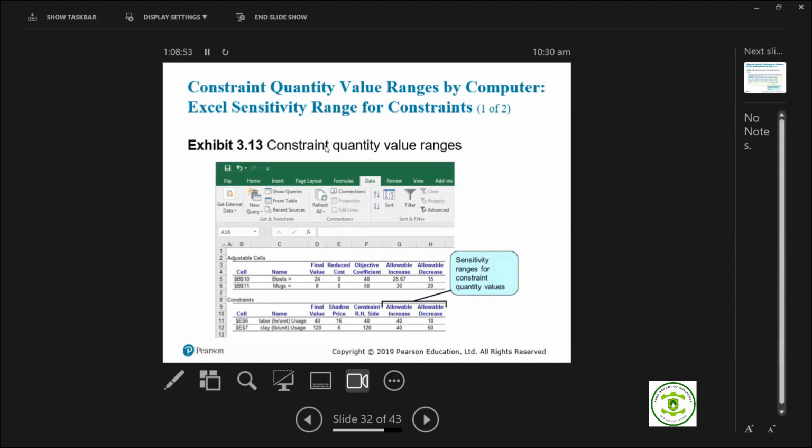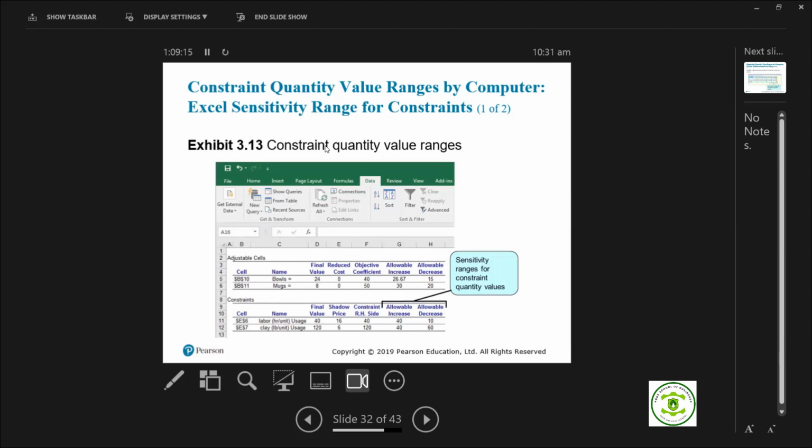Now, if you go to the solution of the same problem using Excel QM, if you click on the solution report, one of the reports is ranging. Click on that one. It will show you both.